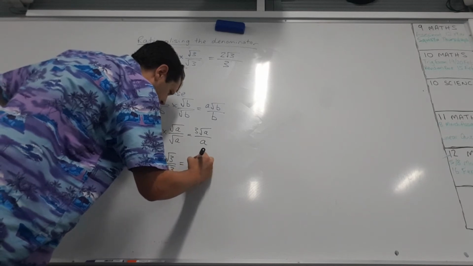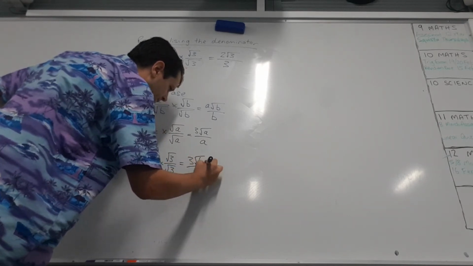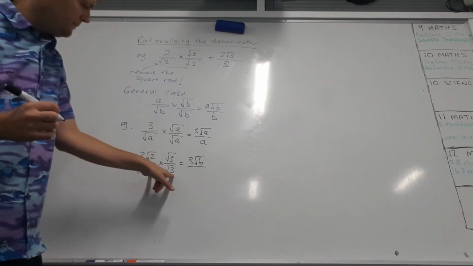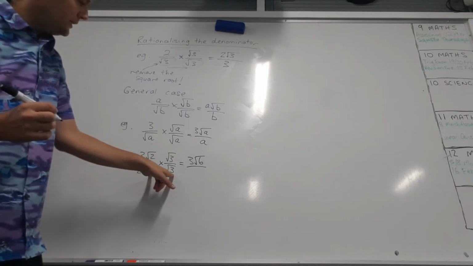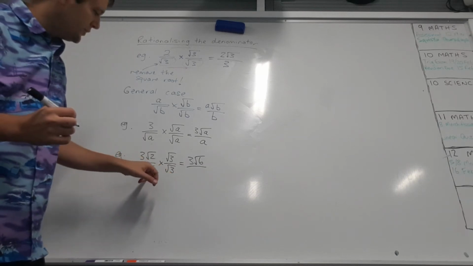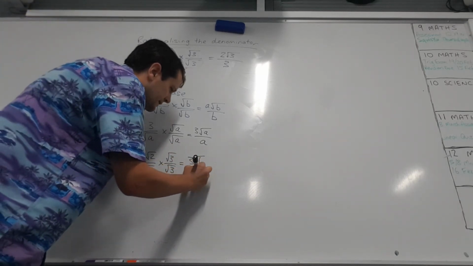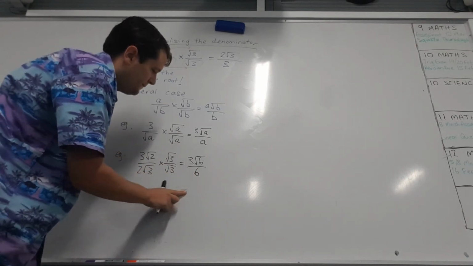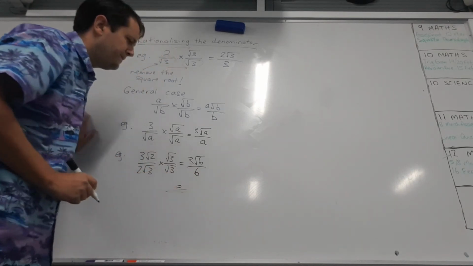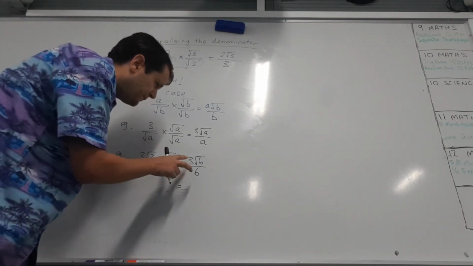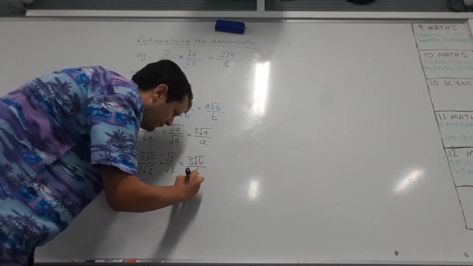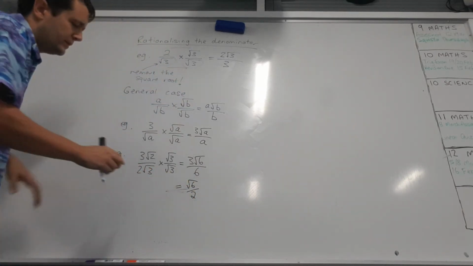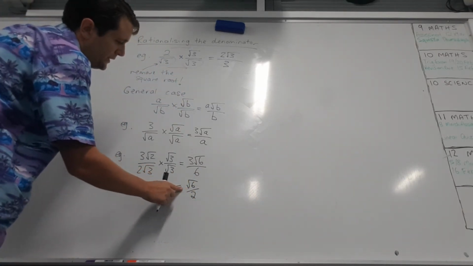You'd end up with 3 square root of 6 over square root of 3 times square root of 3, which is just 3. So you end up with 2 times 3 on the bottom, which is 6. We can simplify that fraction. 3 over 6 is 1/2. So I'm left with the square root of 6 over 2. That's really a 1 there, but we don't need to write a 1.